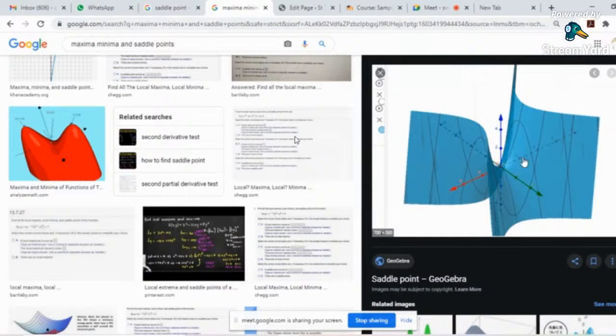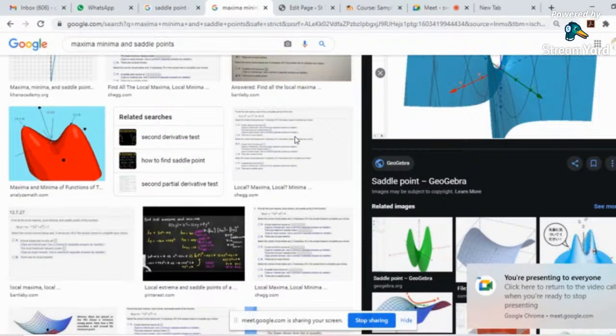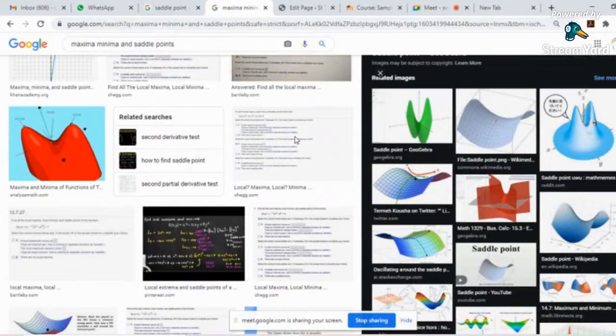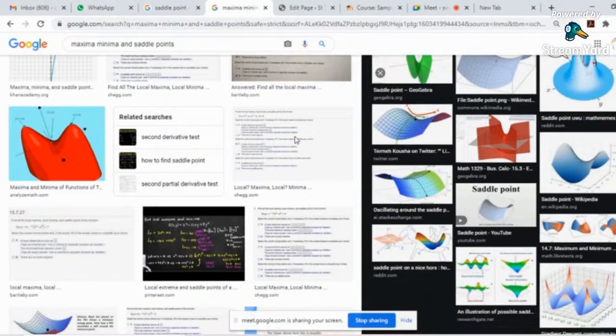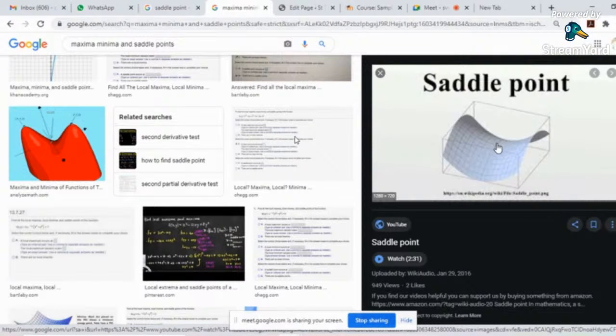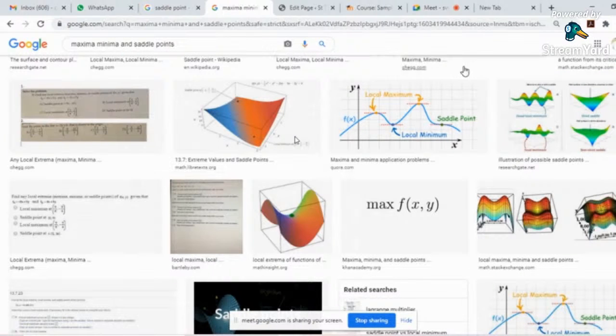Neither maximum nor minimum. Here also you can see some figures. This is the example for saddle point, neither maximum nor minimum.